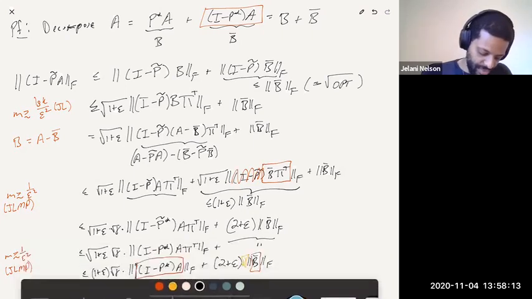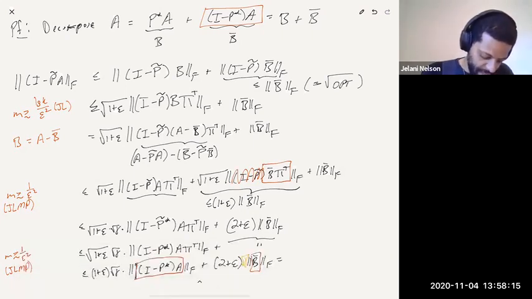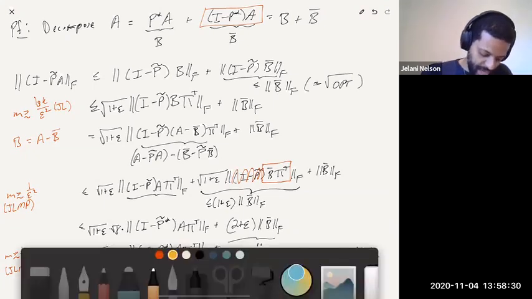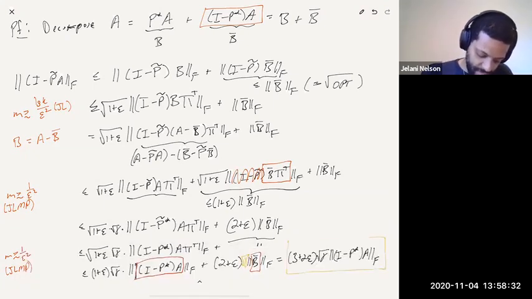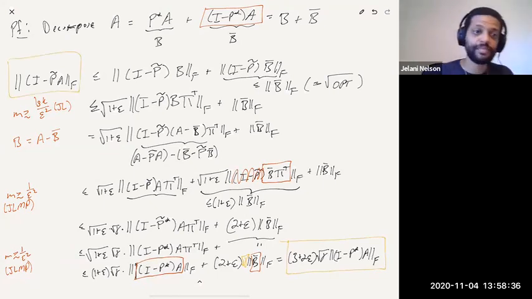So that means that this whole thing is equal to something like 3 plus 2 epsilon times root gamma times exactly what I wanted, identity minus P star A for Frobenius norm. And then I just compare what I have. I have this, and then what did I start with? I started with this at the top left there.